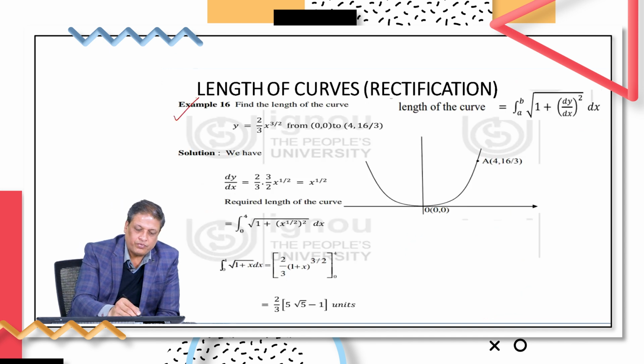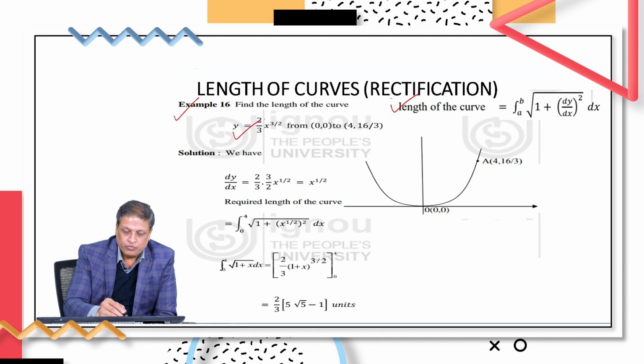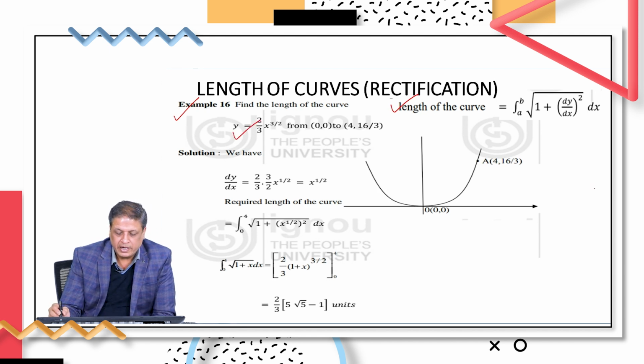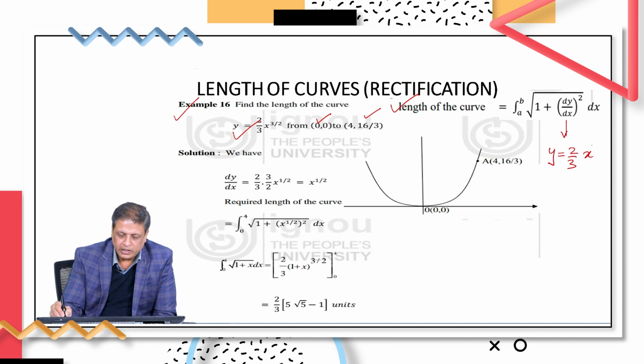So, let us find the length of the curve by applying this formula for the function y = 2 by 3 x to the power 3 by 2, from the point (0, 0) to (4, 16 by 3). Simply, we need to find dy by dx. Y is equal to 2 by 3 x to the power 3 by 2.